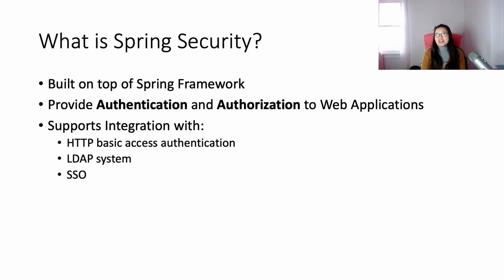Authentication, you can think of as proving you are the one you declared. And authorization is about what kind of things you can do. Basically, authentication is proof of who you are, and authorization is what you can do.